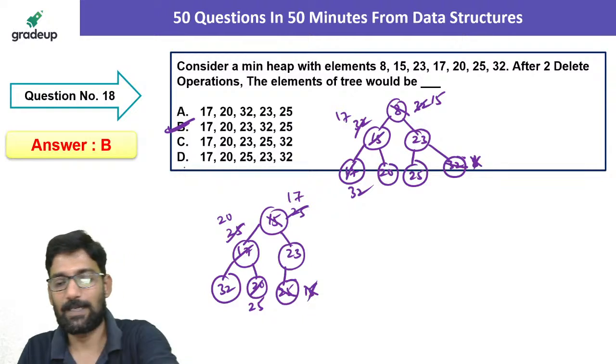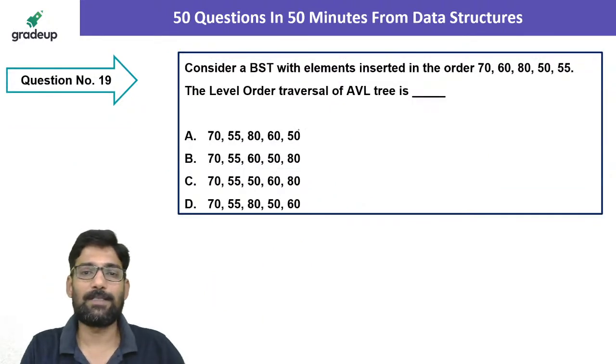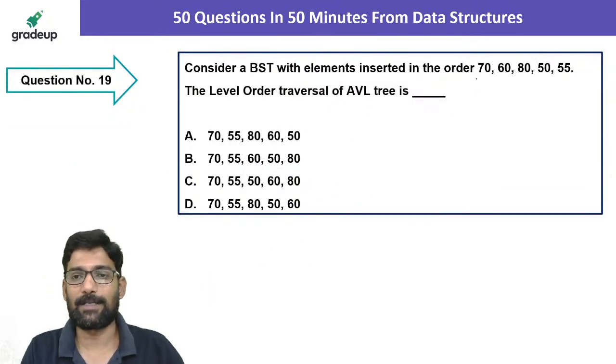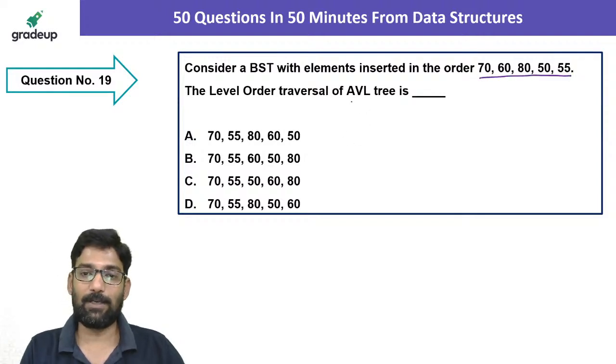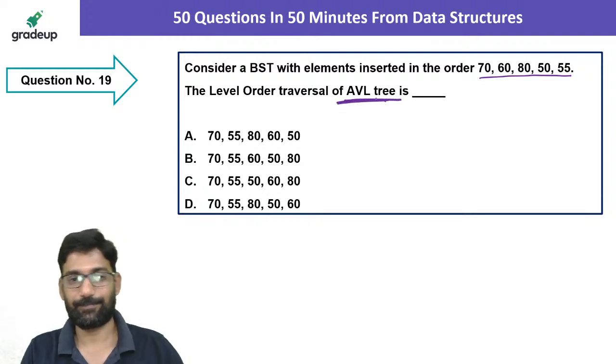Okay. Next question. Consider a BST with elements inserted in the order. The level order traversal of the AVL tree is.